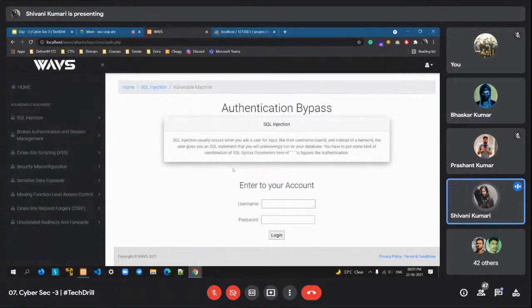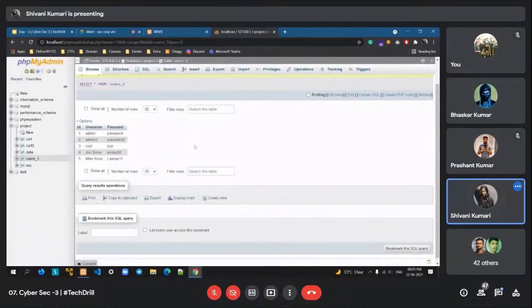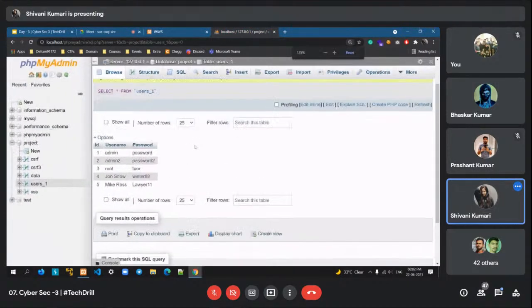SQL is a programming language used to manage data in databases. Over here, let me show you my database. These are the credentials. You can see there are only 5 credentials in the user database.